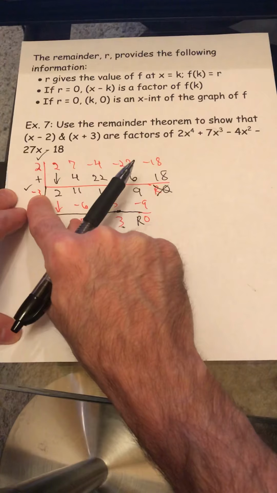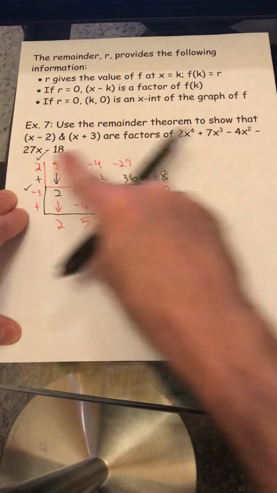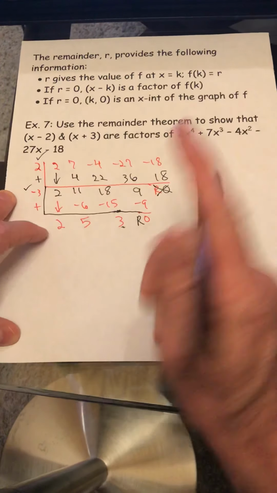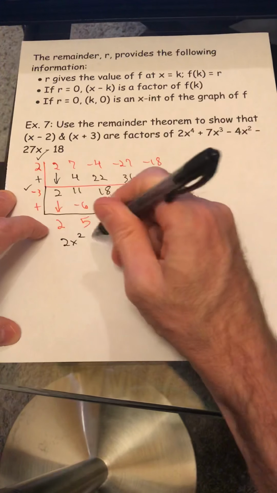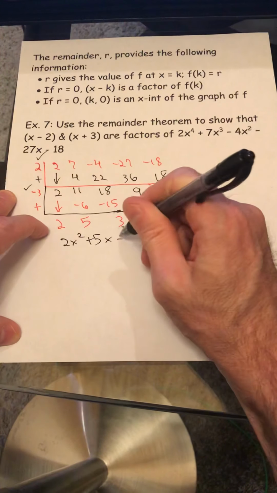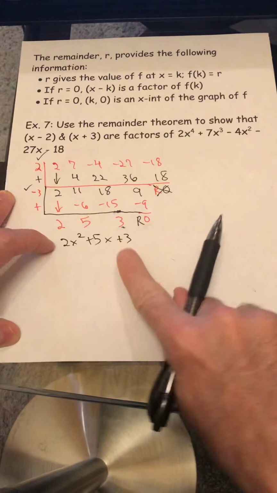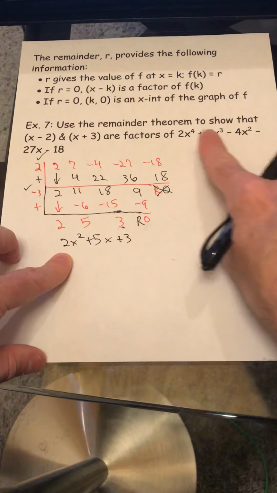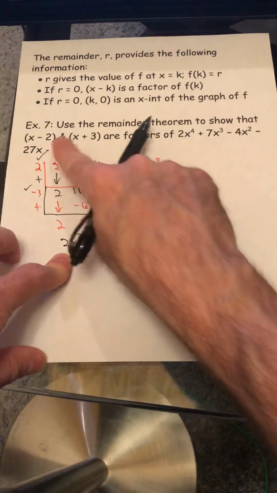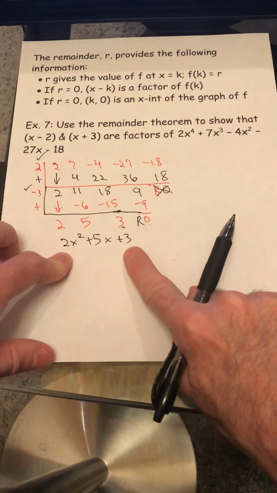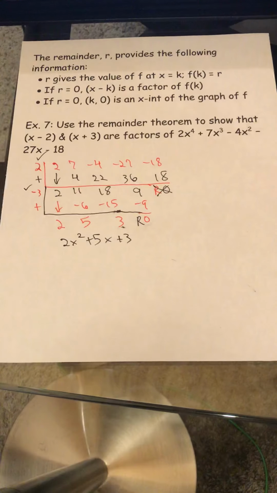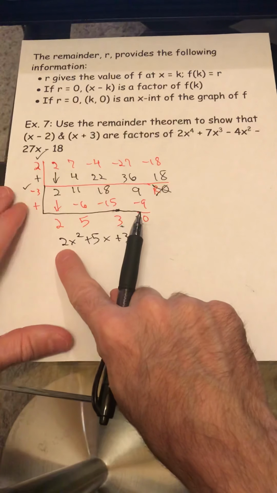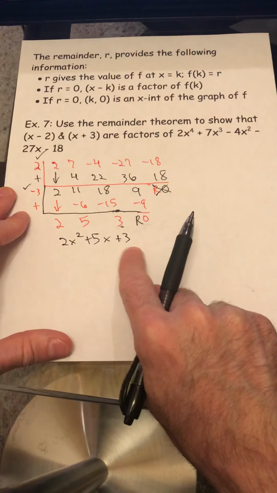Now, one of the other reasons why you don't want to just plug 2 in or plug negative 3 in is what's left: 2x squared plus 5x plus 3. We can now factor this fully. You are not able to get the full factorization if you just plug numbers in, which is what we'll truly be working towards as we get into section 2.5 in the next half of the chapter.